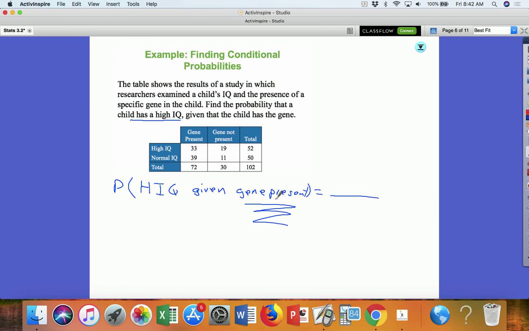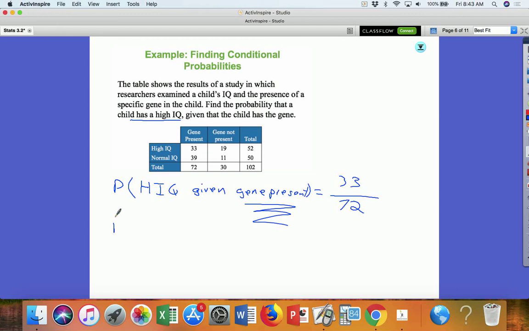Does it tell you the numerator, the denominator, anything? We're really picking out of a group of 72 people. So our chances of high IQ given gene present is going to be 33 out of 72. We're not even looking at the people where the gene is not present.